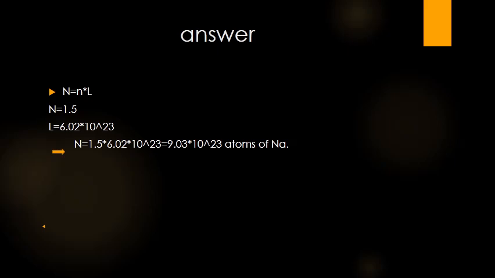Putting the values of small n, which is mole, and Avogadro's constant L into the equation, capital N, that is the number of elementary particles, equals 1.5 times 6.02 times 10 exponent 23. Punching this on the calculator gives us 9.03 times 10 exponent 23 atoms of sodium.